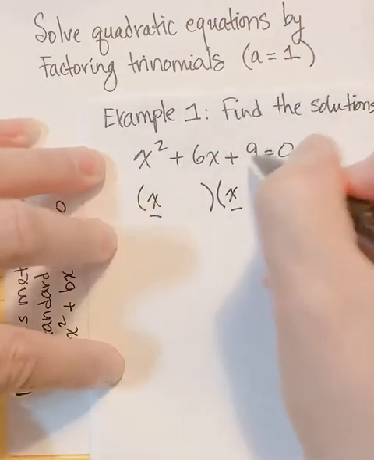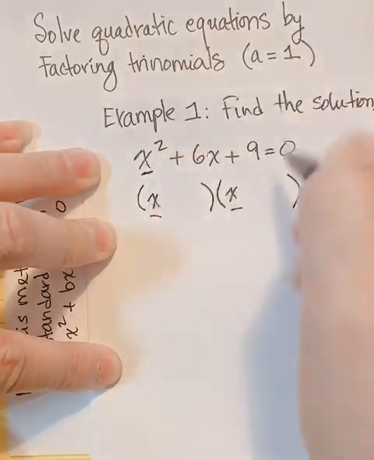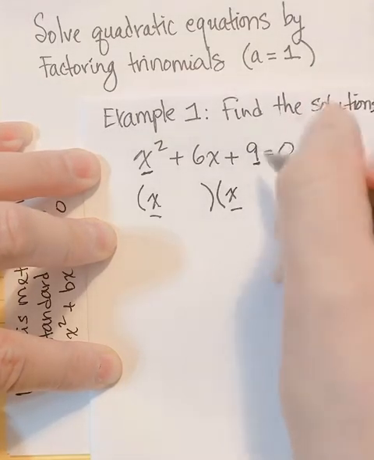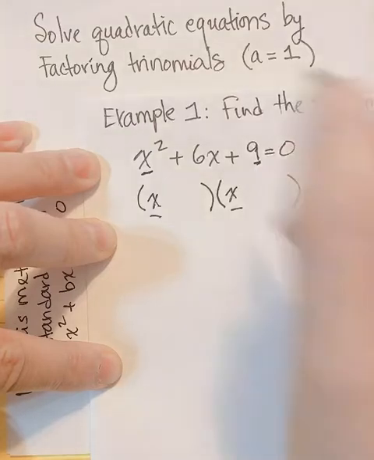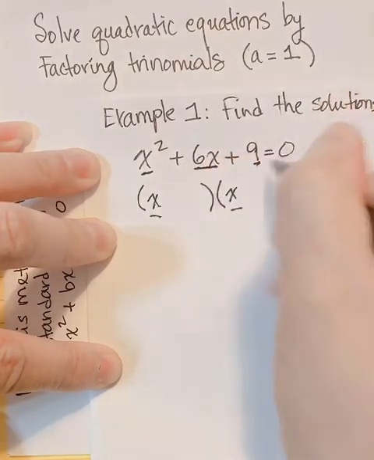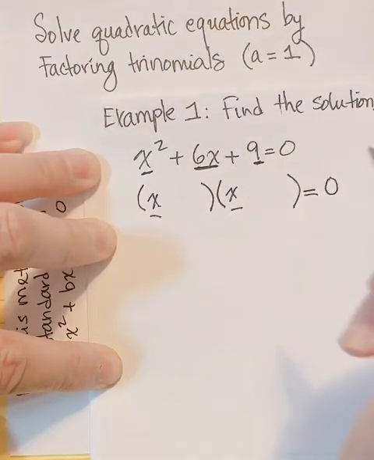And then you look at your last term. So that's your first term: x times x equals x squared. You look at your last term, which is 9. So you ask yourself, which two numbers can I multiply to give me a 9? However, I have to worry about my middle term. My middle term is a 6x. So what multiplies to give me 9 and also adds to give me 6?